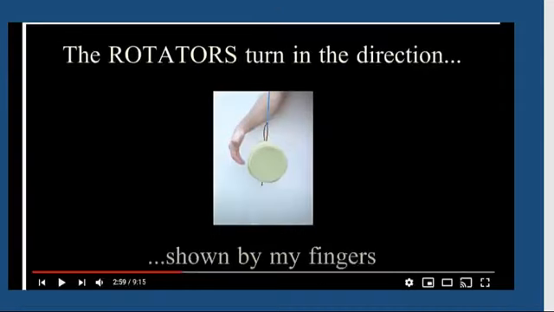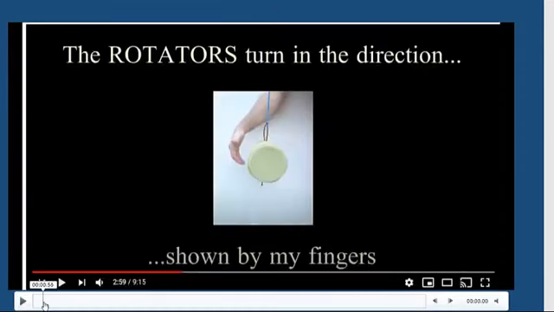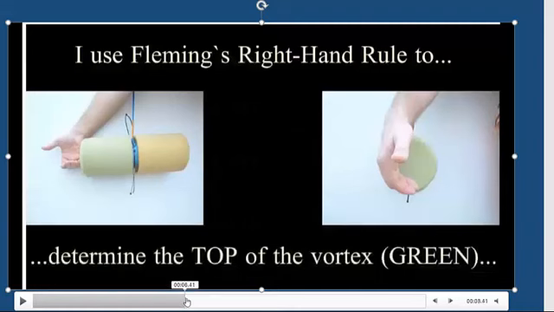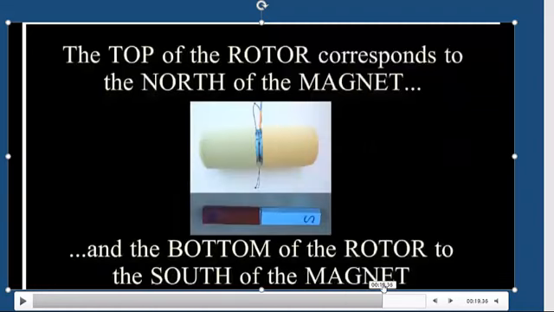Should be the next one. Okay, this one here. So using Fleming's right-hand rule, if you curl your fingers in the direction of rotation, your thumb is going to point to the North Pole. Okay, your thumb is going to point to the North Pole. And that's what he shows here. The light one was the North Pole and the dark one was the South Pole.